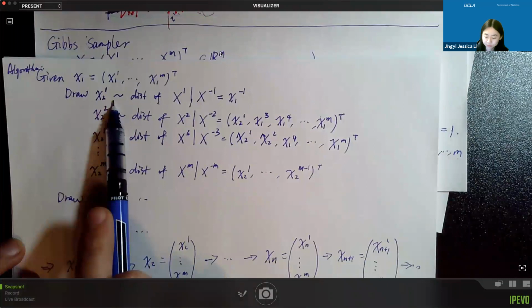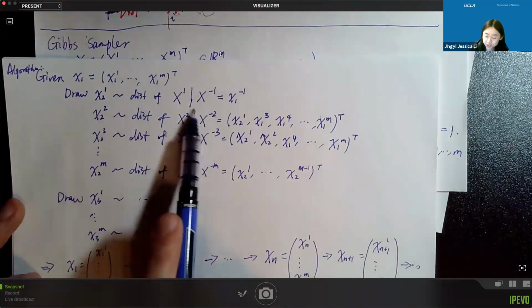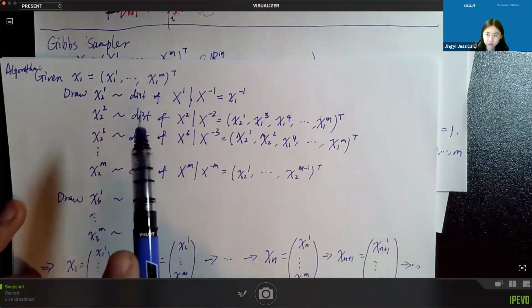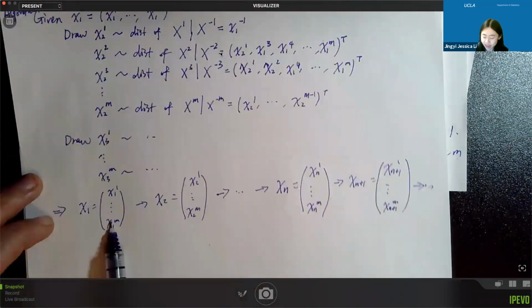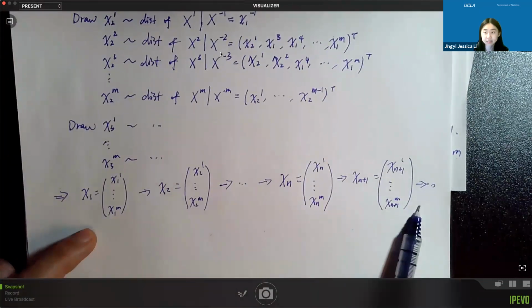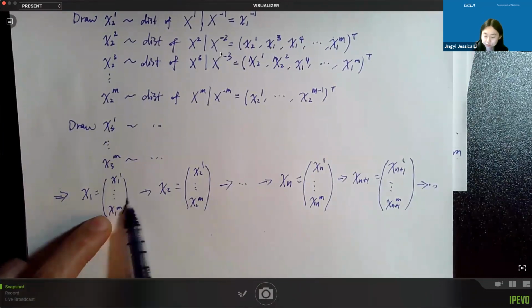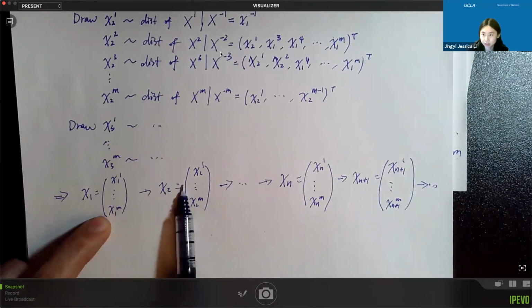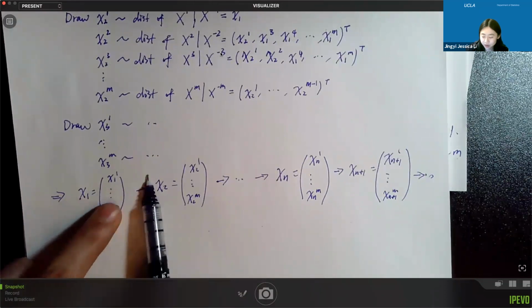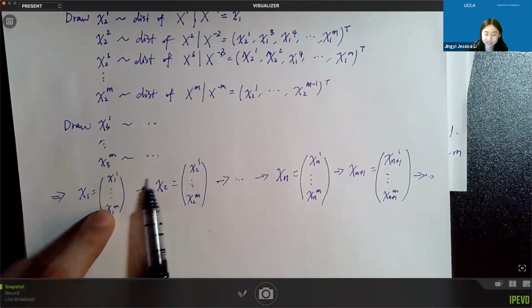This is our transition. We are making transitions dimension by dimension. So you see that even though I write the chain as this, essentially to go from here to here, I need to go through m updates. So essentially I need to decompose this into m transitions.